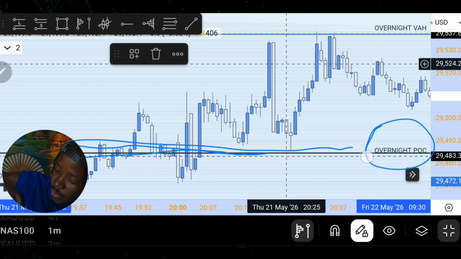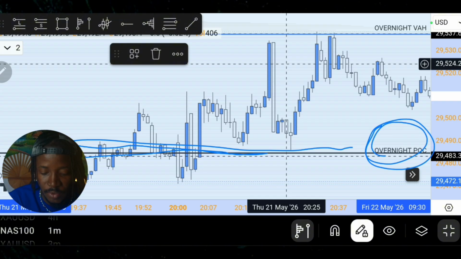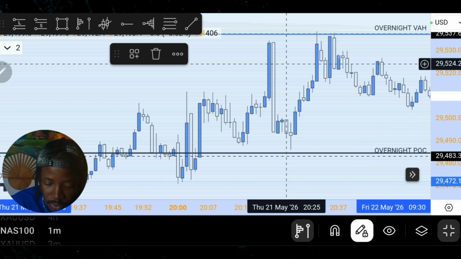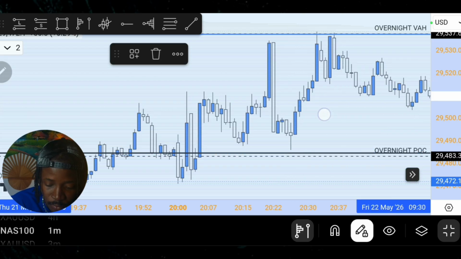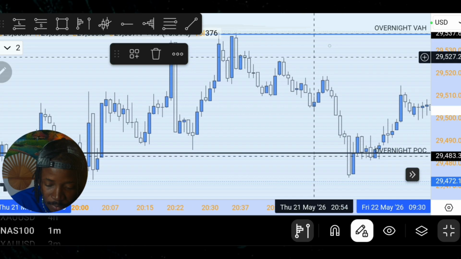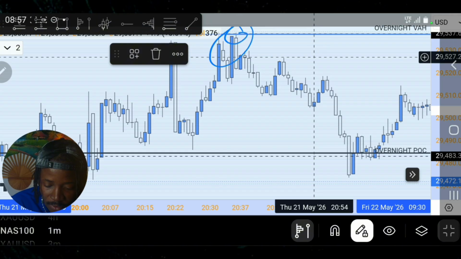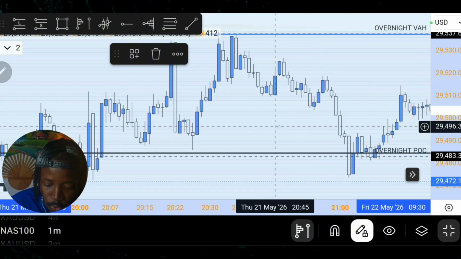This POC is always the cheapest price, and I don't like to take trades on that level. I rather prefer it to be at the top, the volume area high or volume area low.